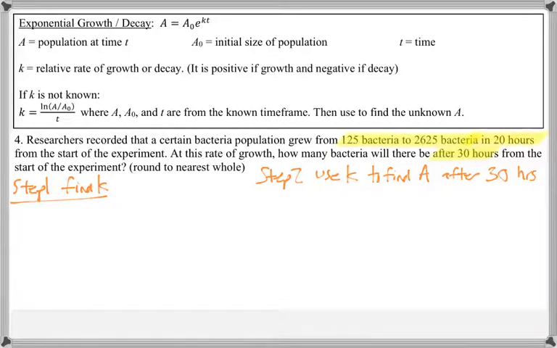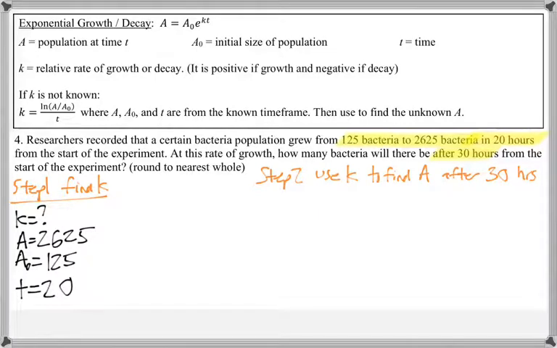So I don't know what K is, but I know my A is 2,625 and my A0 is 125 and my T is 20.